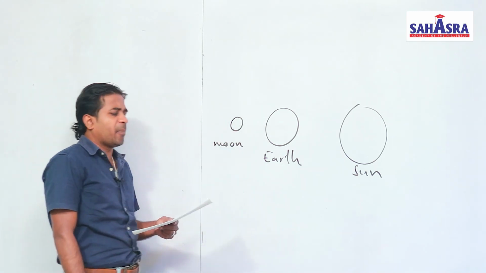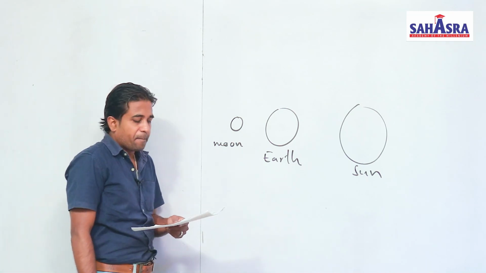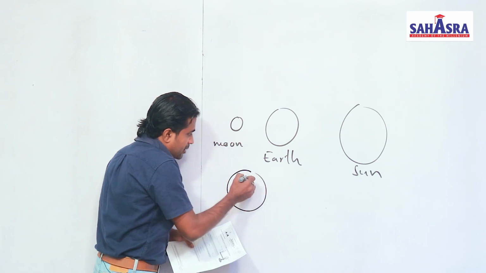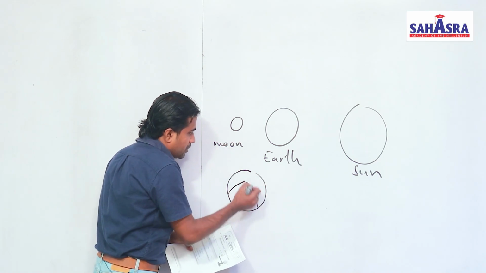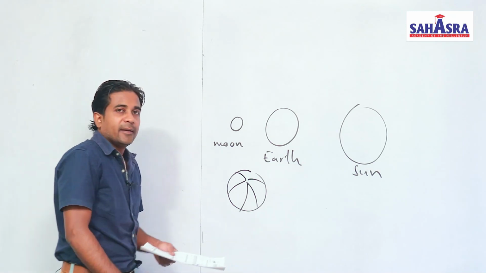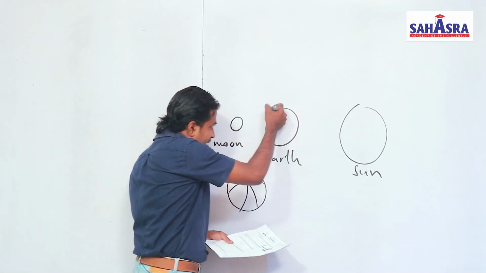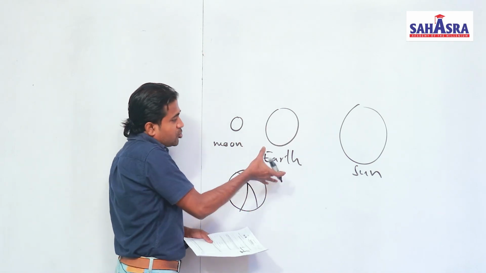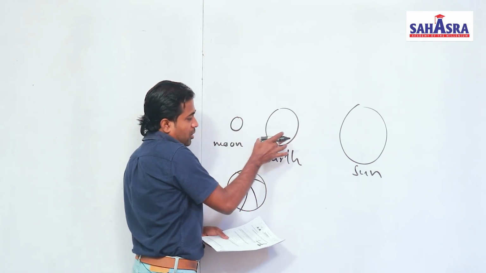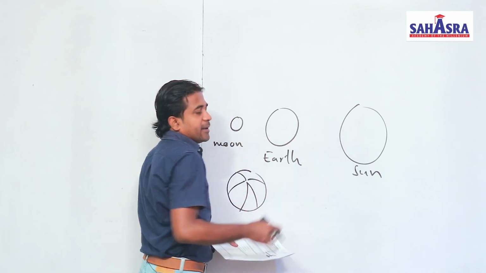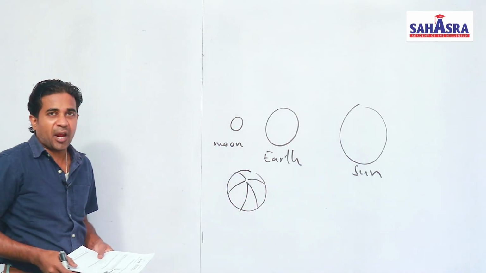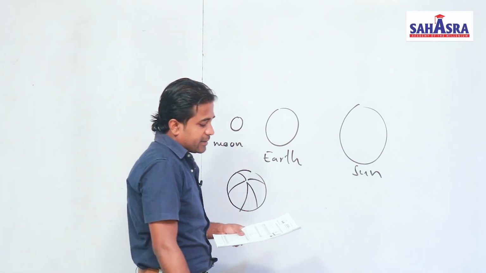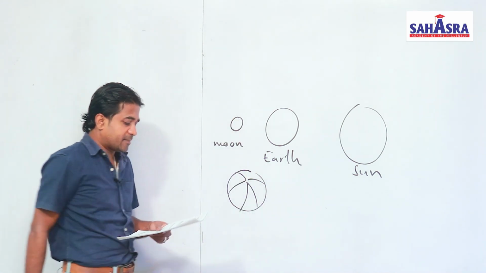The actual shape of these objects is a sphere shape, like that. But we are seeing it as a circle because we are seeing it from only one side. Actually the earth, moon and sun, everything has a sphere shape. So the answer here is a sphere shape. You have to tick that box.